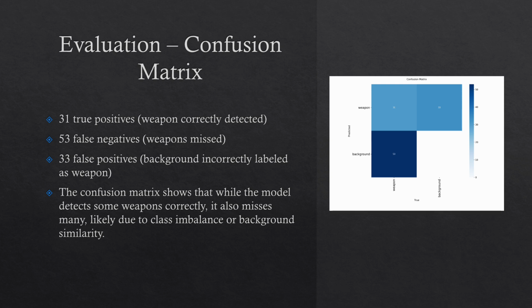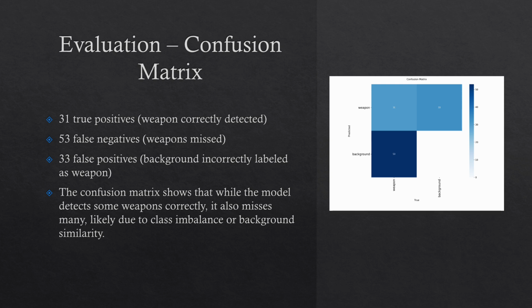While it's great that we have true positives, the number of false negatives is a little bit concerning. This likely happened because of class imbalance and possibly the similarity between background objects and weapons. So while the model is working, we still have to improve its ability to detect all weapons accurately.